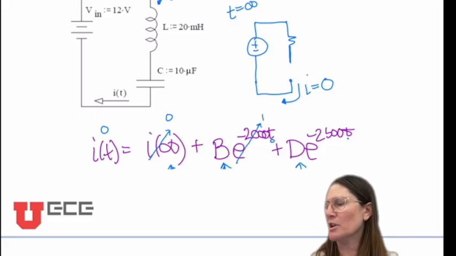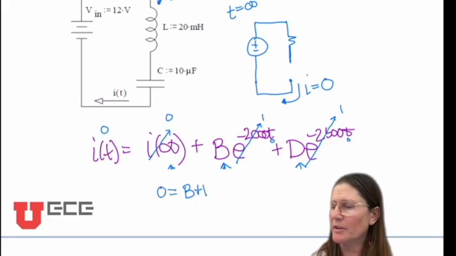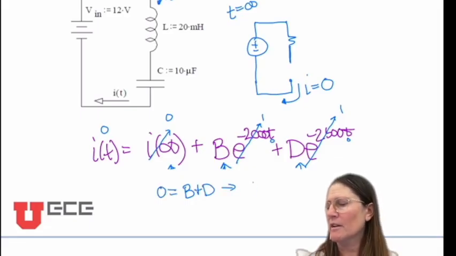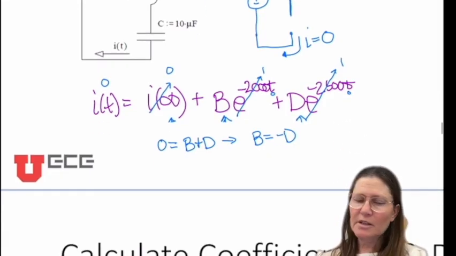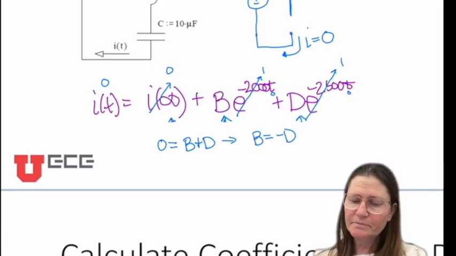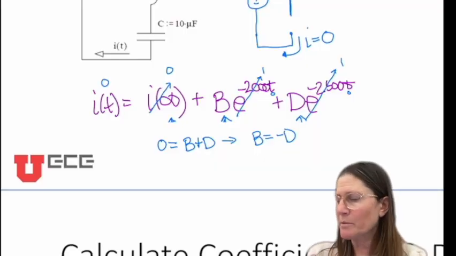So if we put a 0 here, 0 here, these become 1. So we have 0 equals b plus d. So b is going to be equal to minus d. And then we can take the derivative to find the next one.